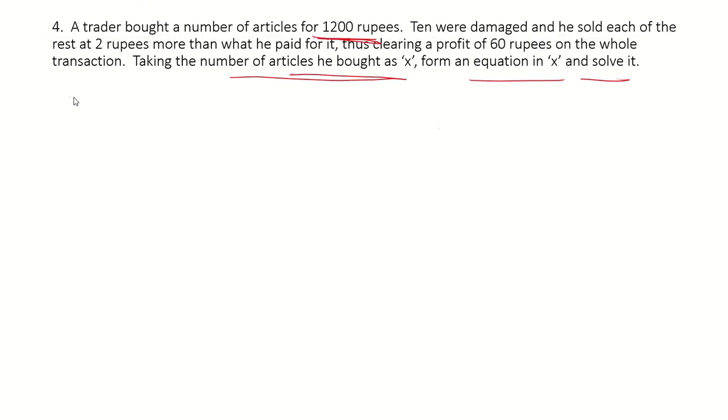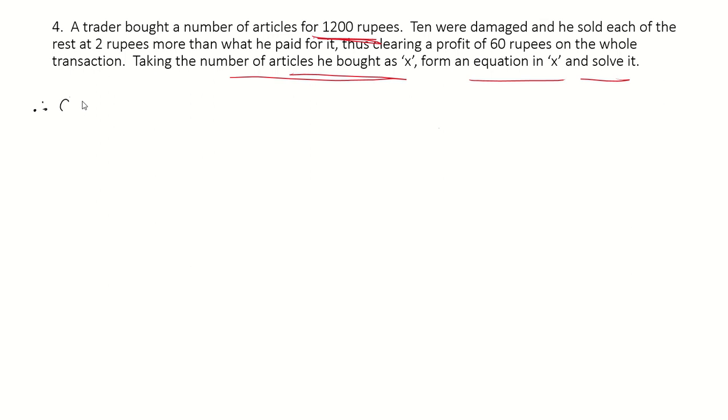The number of articles the trader bought is given as x. So what will be the cost price for which the trader bought the articles? The trader bought the number of articles for 1200 rupees, and he bought x number of articles.